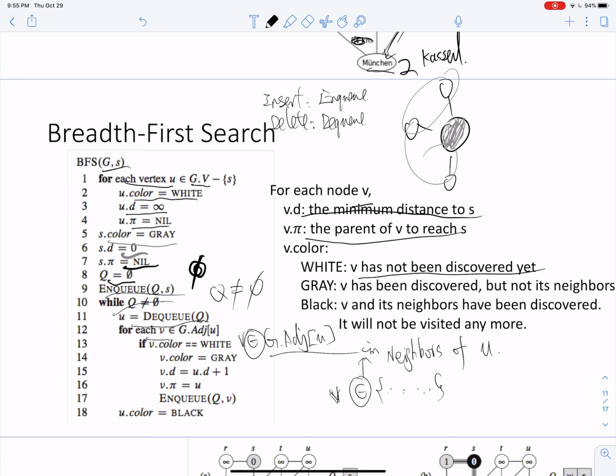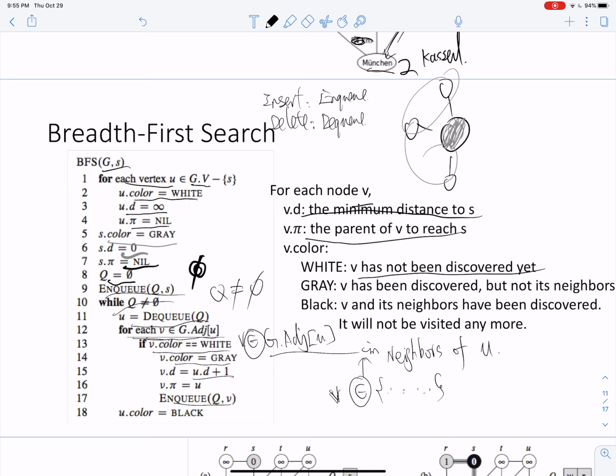And then for each node that is adjacent to u, or for each of your neighbors, if its color is white, then we associate it with a gray color, we set the distance of its neighbor as the distance of u plus 1, we set the parent of its neighbor as u, and then we enqueue this neighbor into the queue.